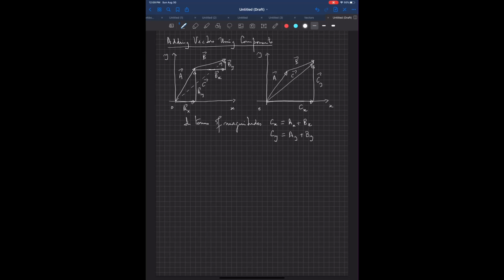Oh, this should be a B, sorry. This is B sub y. Okay, and consequently, these statements are equivalent to saying C equals A plus B. Vectors A plus B. All right.